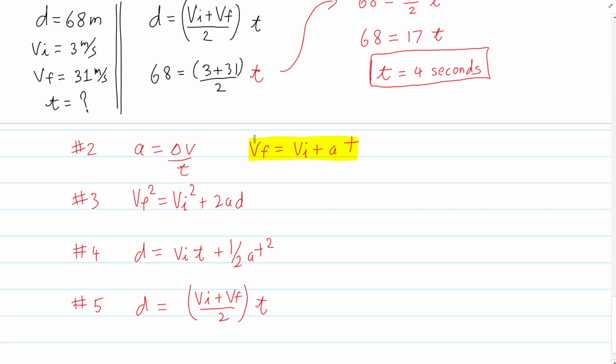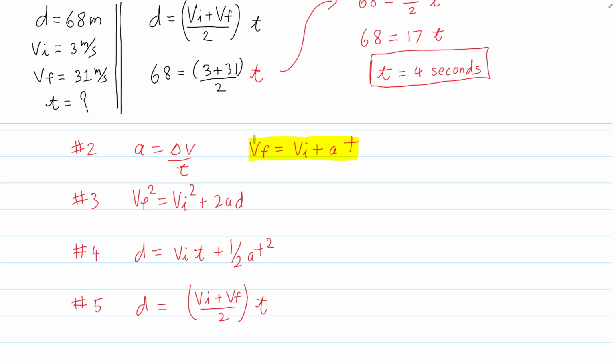Number 2 is the definition of acceleration, and 3, 4, and 5 are a few more equations that come out of the concept of acceleration.